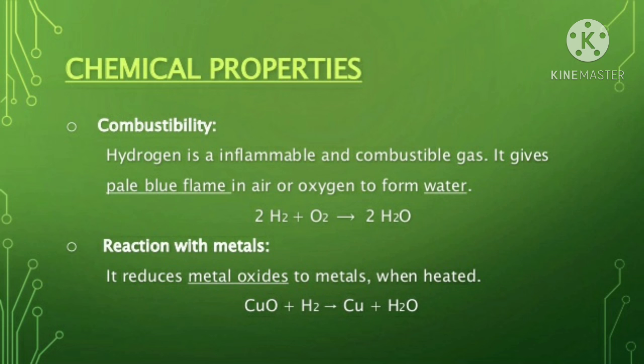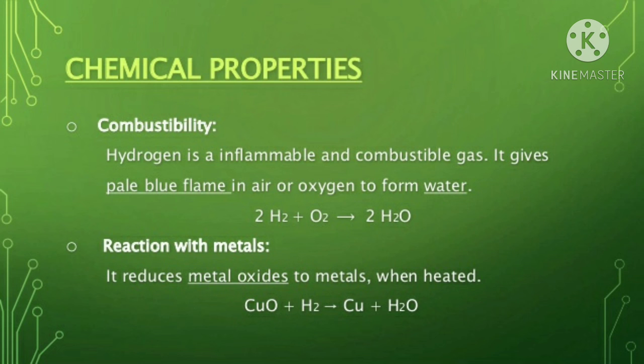Some of the important chemical properties of hydrogen. First, combustibility. Hydrogen is an inflammable and highly combustible gas. When it reacts with air, it gives a pale blue flame and forms water. The reaction is hydrogen plus oxygen giving water. Then, reaction with metals.